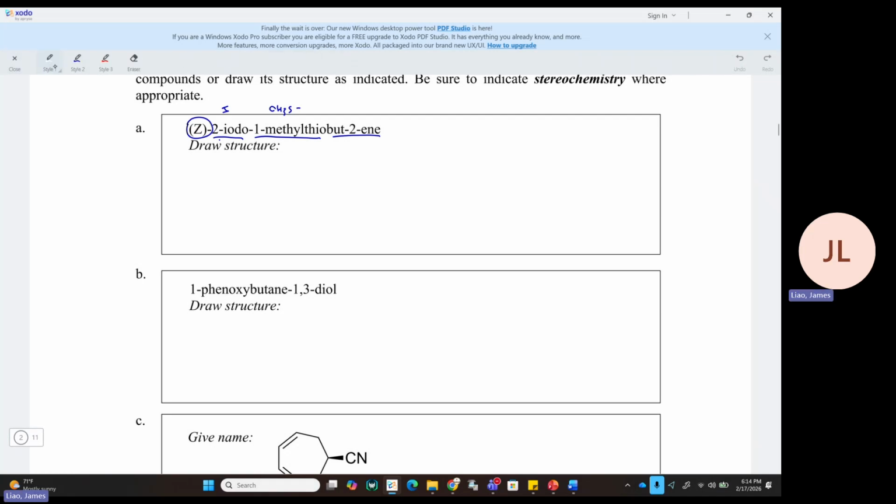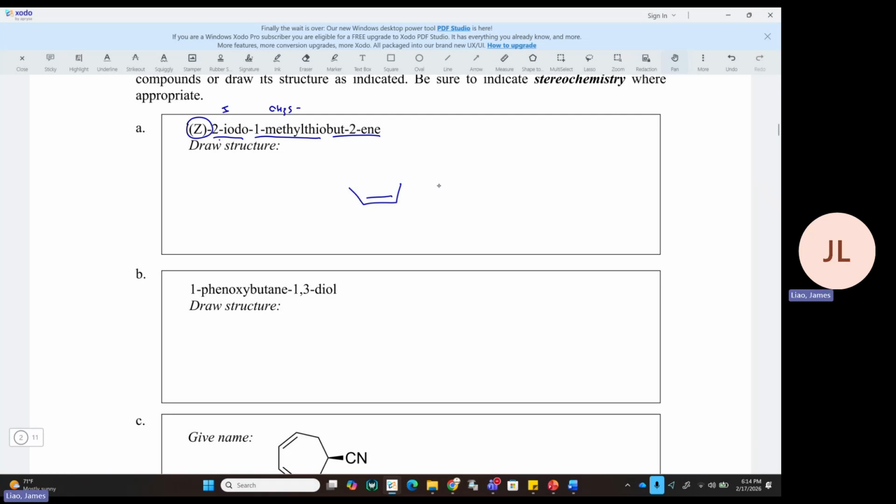I would need to make it in this structure. That's the Z conformation. And at carbon 2, we need to put an iodine right here. And then at carbon 1, we need to put a sulfur. So we're going to have to do it like this, I believe.